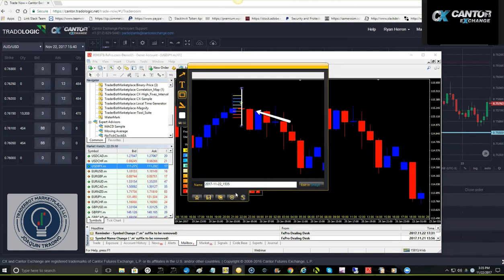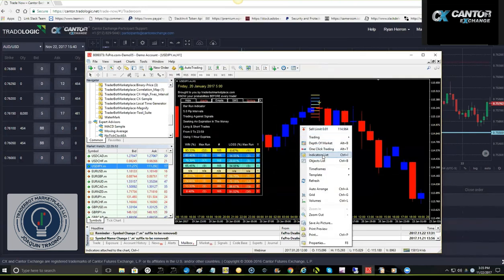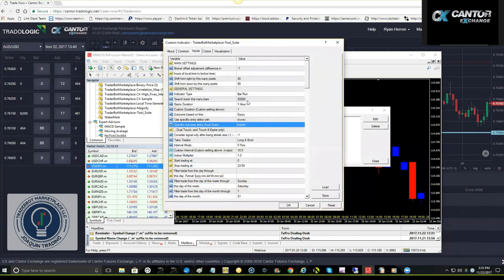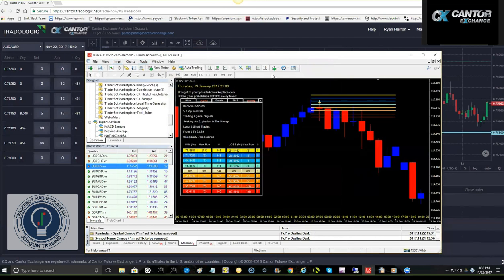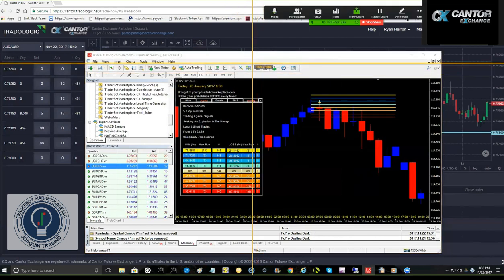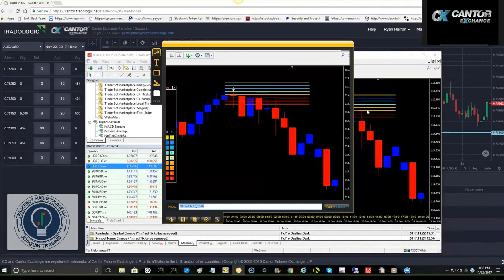So this expires on that bar, and if I go out a little further, the trade is going to expire on this blue bar right here.